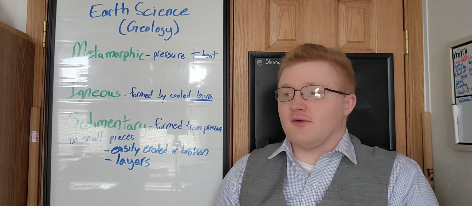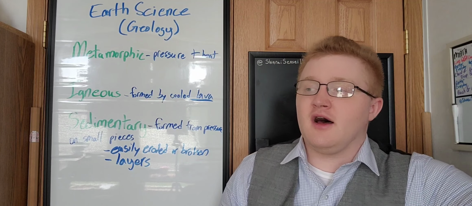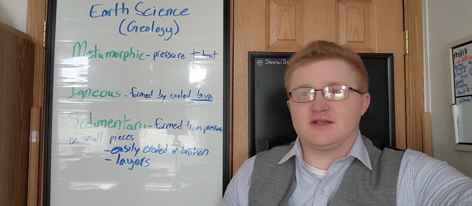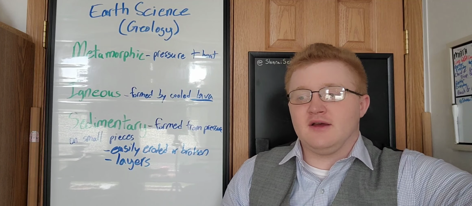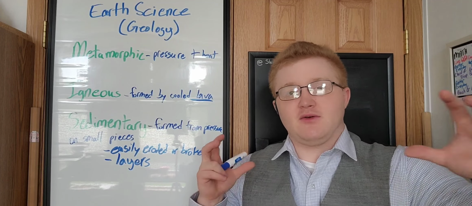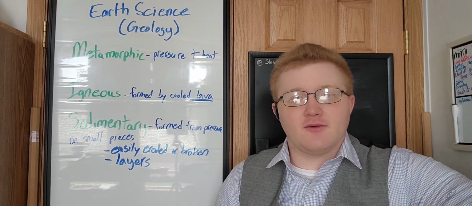But the metamorphic rock will eventually just coalesce, and a lot of times the metamorphic rock is some of those really, really cool looking rocks where you see crystalline structures buried inside of another rock or something like that. That's where metamorphic rock comes from.